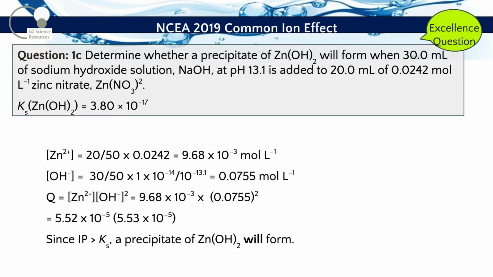You used the fact that pH plus pOH equals 14, and you did that in your head, because 14 minus 13.1 gives us a pOH of 0.9. Then the hydroxide concentration is equal to 10 to the negative 0.9, and you're done.